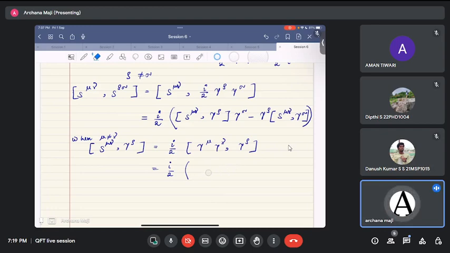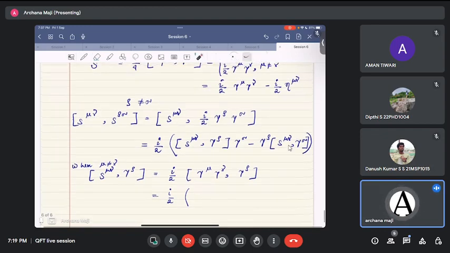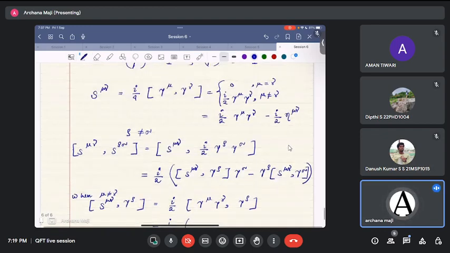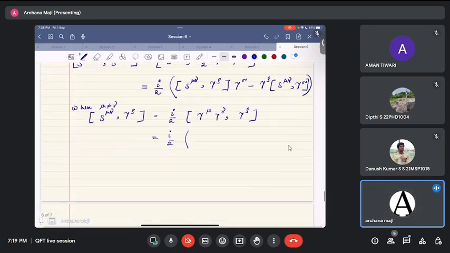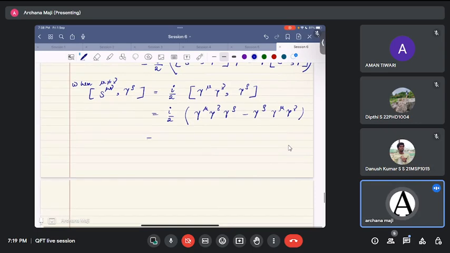We know the anti-commutation relation between the gamma matrices, so it's better that we try to write down what we have in terms of the anti-commutator. So it is gamma mu gamma nu gamma rho minus gamma rho gamma mu gamma nu. Okay, so we can write down i over 2.